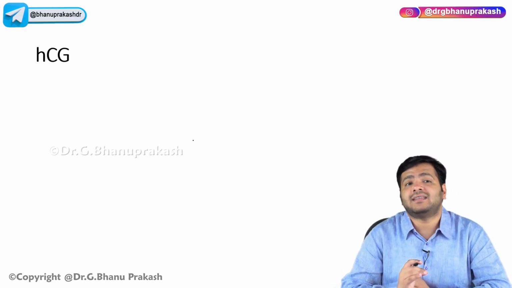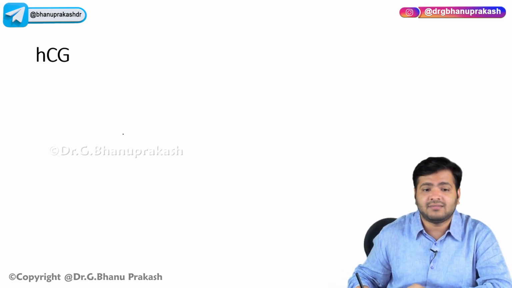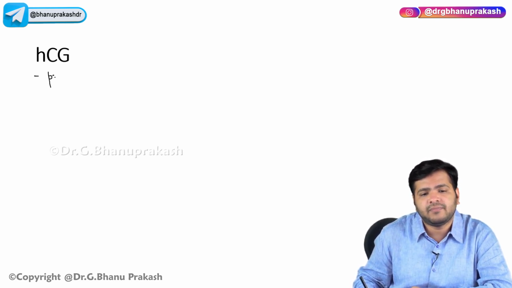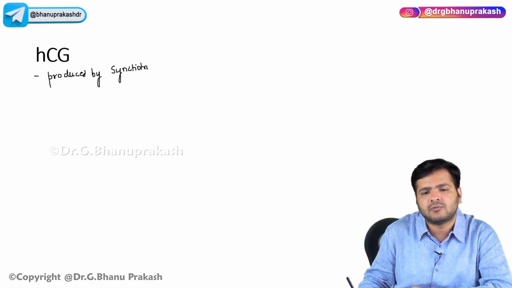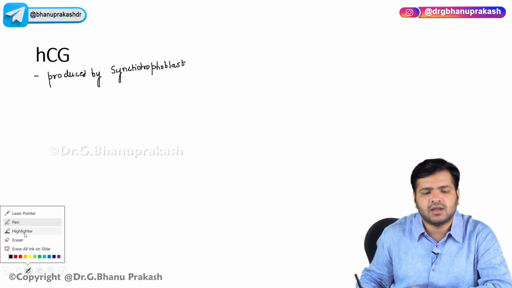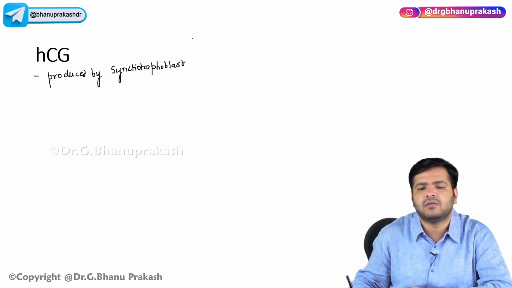The first one is HCG, the human chorionic gonadotropin. Remember, it is produced by the syncytiotrophoblast, so you have to remember that.